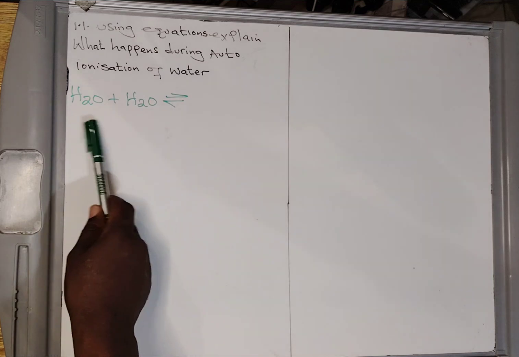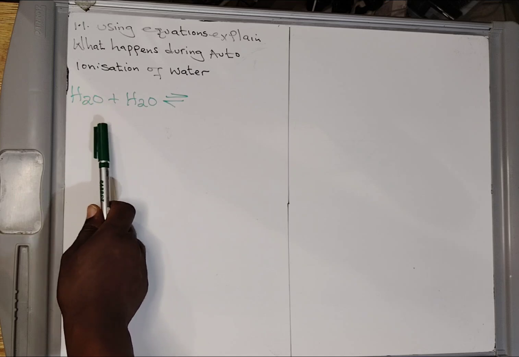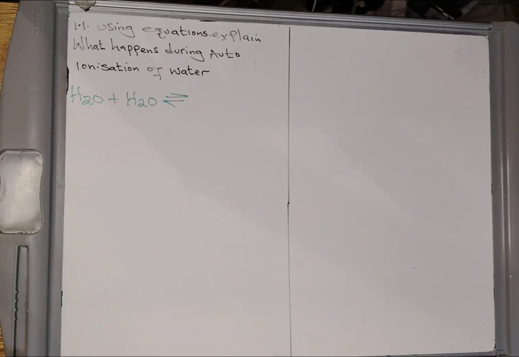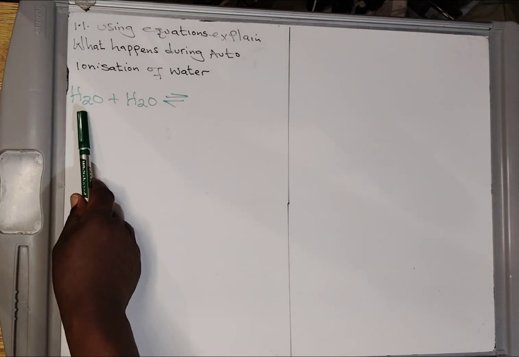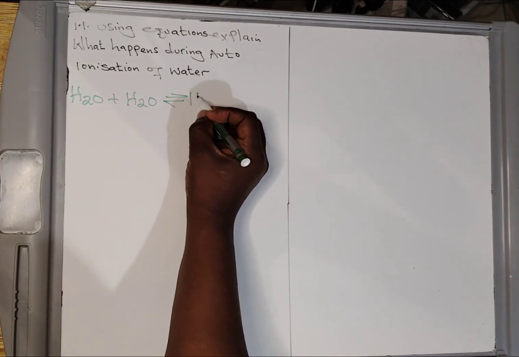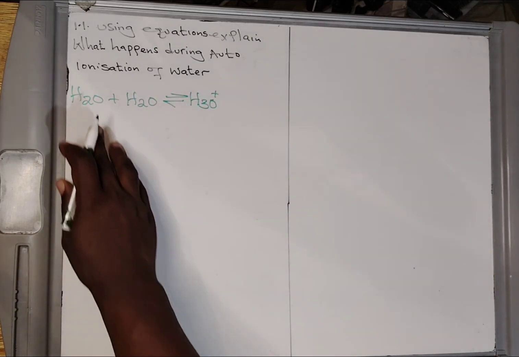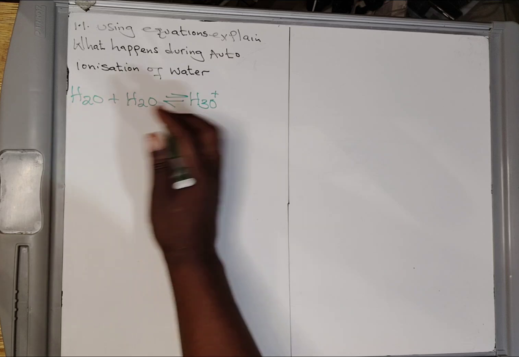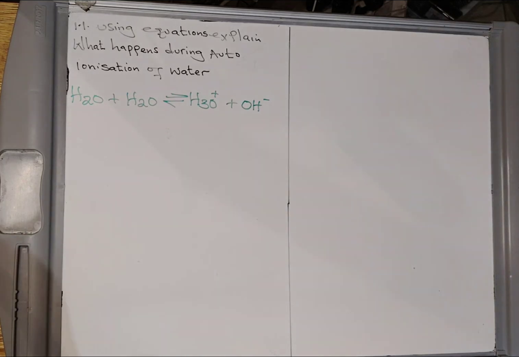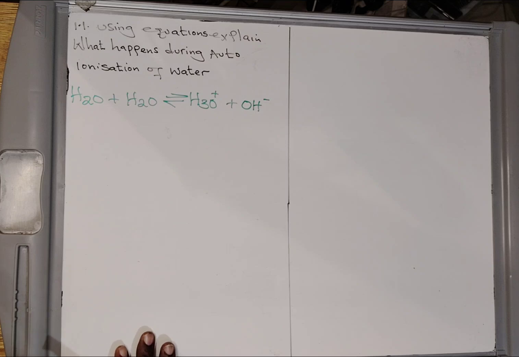So when we look at this scenario, one water molecule acts as an acid and the other one acts as the base. The one which acts as the acid donates a proton to the other. So when this one receives a proton, it becomes a hydronium ion. And after this one loses a proton, what remains behind is the hydroxide ion. So simply, this is what happens during auto-ionization of water.